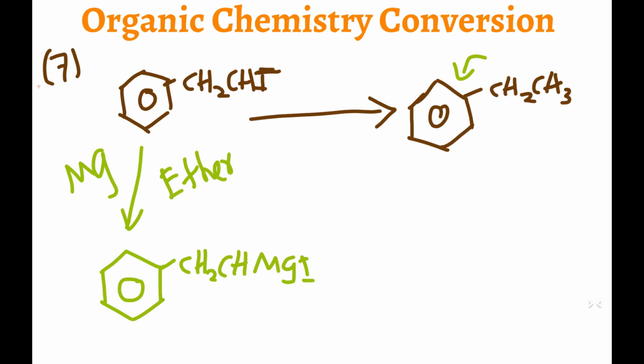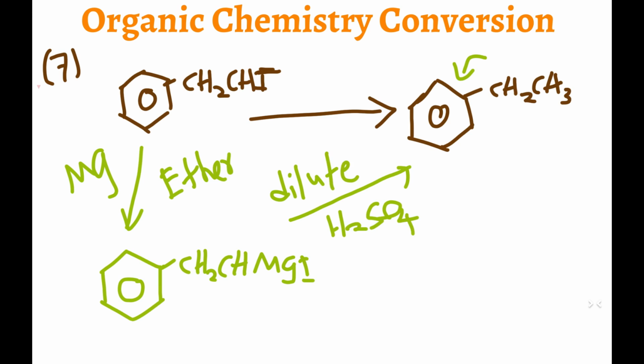After making this Grignard reagent, we have to use some hydration reaction. Then you can see this organic conversion comprises two steps. So I have to use dilute H2SO4, or if you like, you can use dilute HCl or H2O.